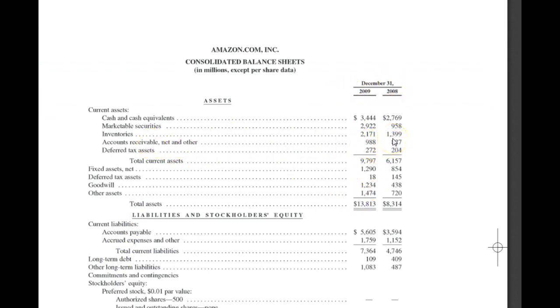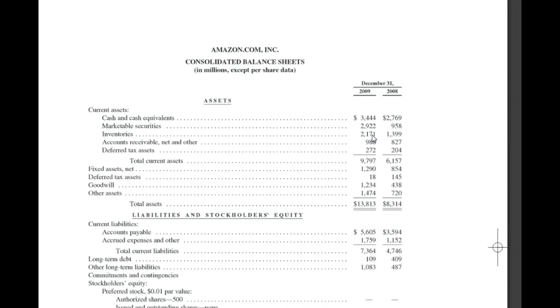Well, that's $1,399, so we can put that in the equation. And we're looking for purchases, so I'm not going to find that. But I am going to find the ending inventory. Hold on. This is my beginning, and this would be my ending inventory of 2,171.